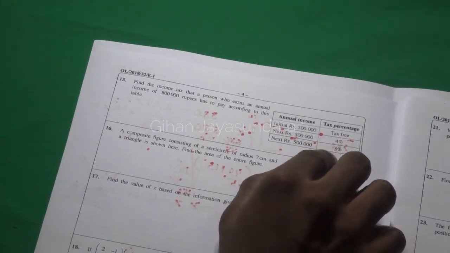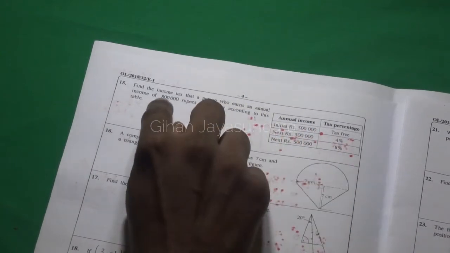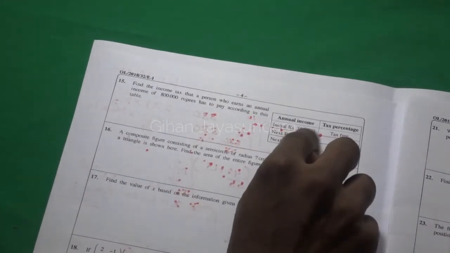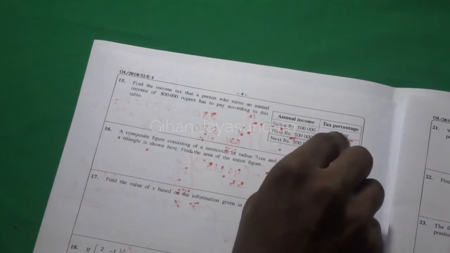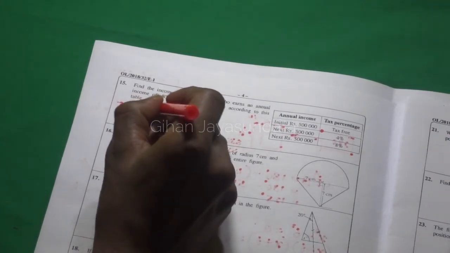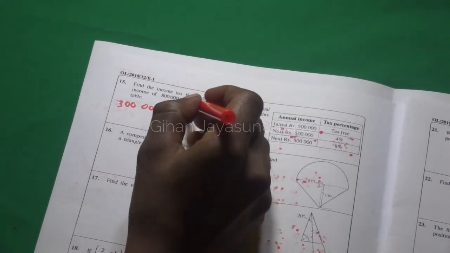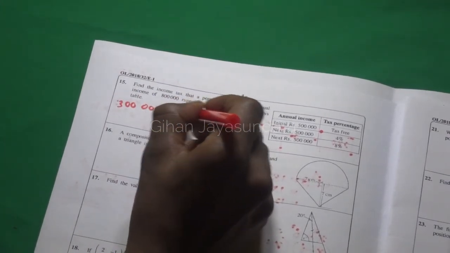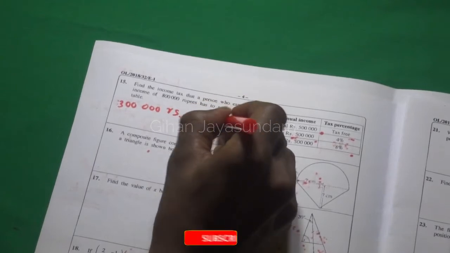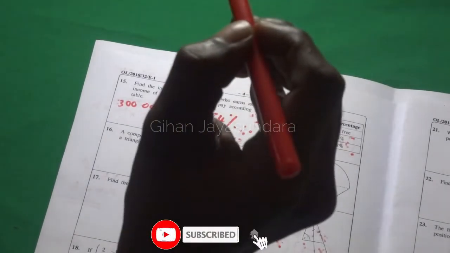Right. Okay, so for 8 lakhs, the first 5 lakhs is tax free, so only for 3 lakhs the tax should be calculated. Okay, so 3 lakh rupees at 4%.